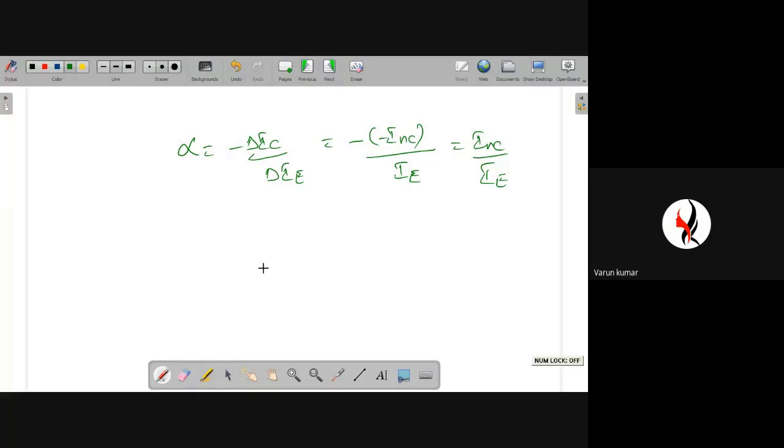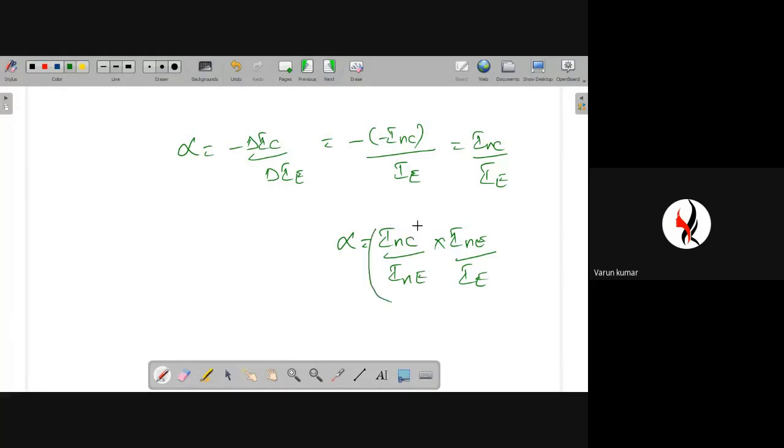INC is your n-type semiconductor collector current receiving from the emitter current.